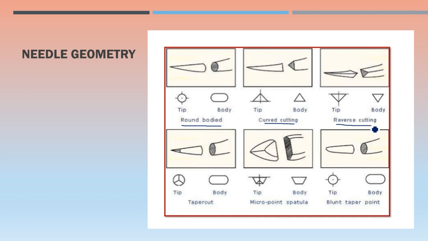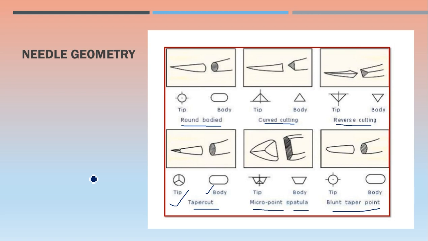These are the types of needle geometry, the tip. Then taper cut, how the tip looks, and this is the body of the needle. Then micro point and the spatula type. Then blunt taper point. So these are the basic types of needle tip or needle geometry.